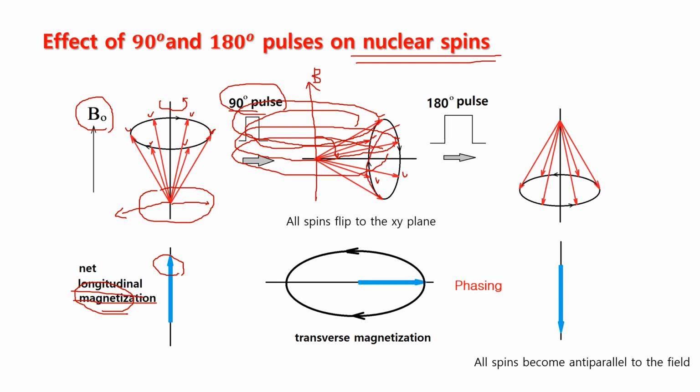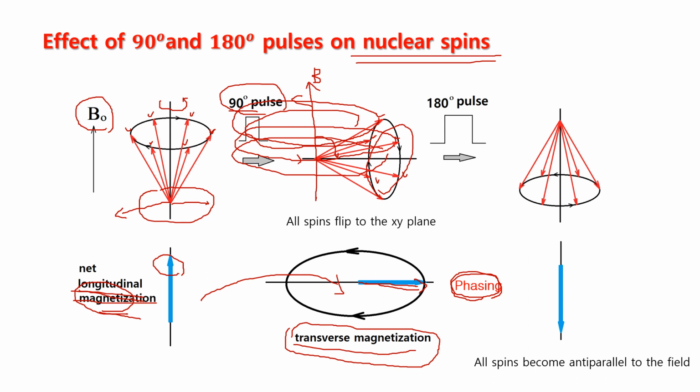They move together around the B0 field, so we can call this phasing. If we do the vector sum of the magnetic moments of the nuclear spins, we have the transverse magnetization. So if we apply a 90-degree pulse, then longitudinal magnetization converts to transverse magnetization.